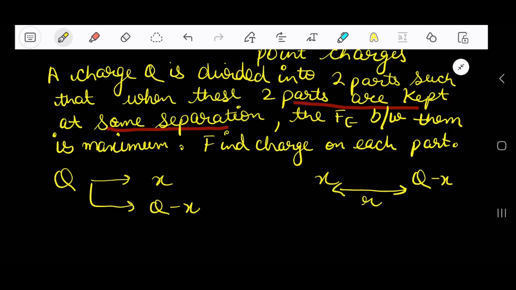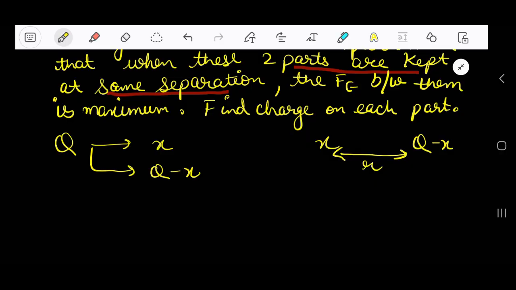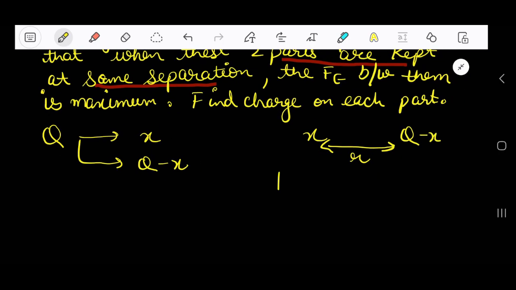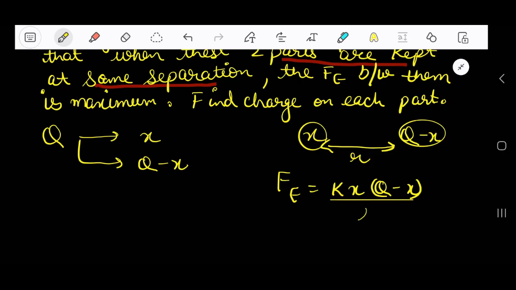It is said that the electrostatic force between them is maximum. So we have to find the charge on each part. First of all we can find electrostatic force: as we know, electrostatic force will be equal to k q1 q2 upon r square. The first body has the charge x while the second body has the charge q minus x, and the distance between them is r.